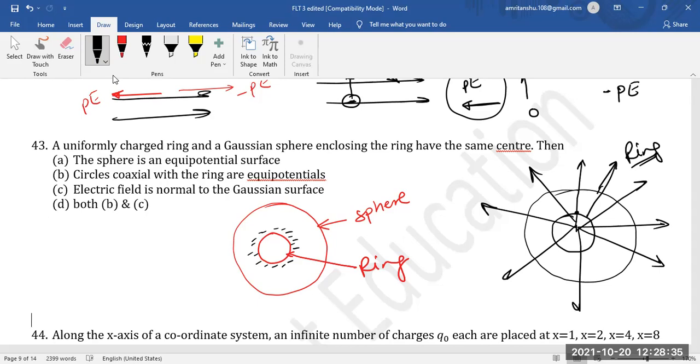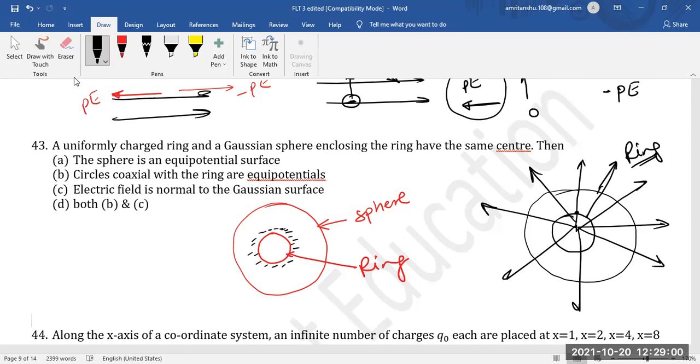So both are rings. Now, circles coaxial with the ring have to be equipotential, as we all know. If this ring is there, the field lines are going to look like this. So it's going to be kind of equipotential.